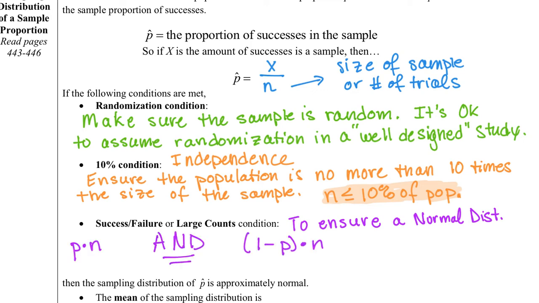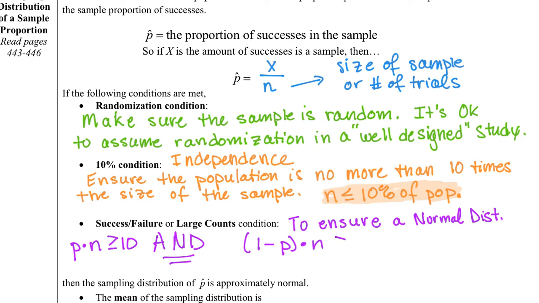There's two ways to check for this. What we're going to do is take what we are either given or assume is our population proportion, so our parameter, times our sample size, and we want to make sure that this is greater than or equal to 10. This will ensure that our distribution is not skewed on one of the tails of our normal shape.